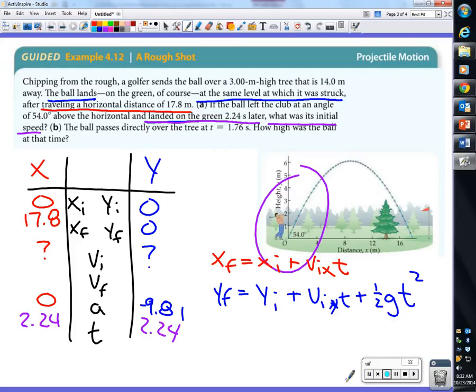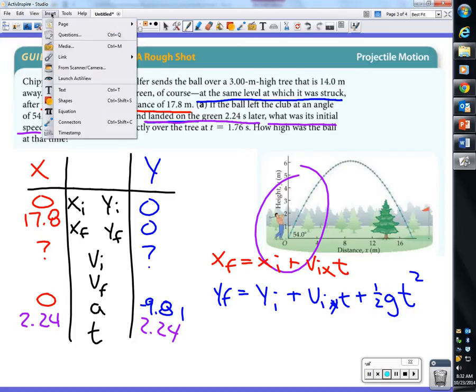All right. So you should be able to use both of those equations to find what we need to find. I will do them up here because one of them gets a little bit tricky.